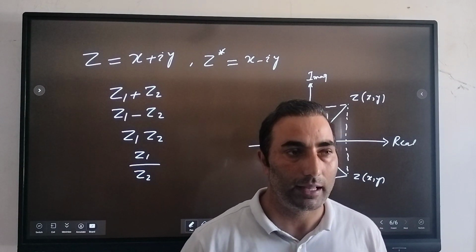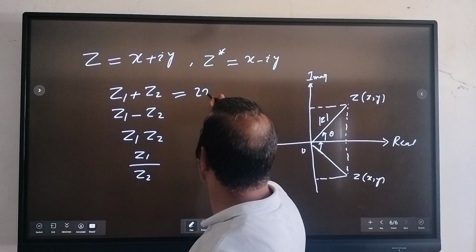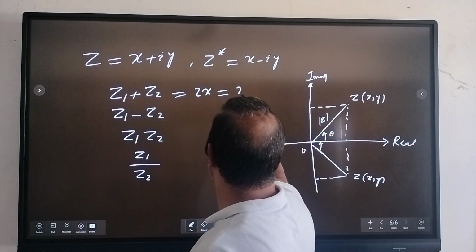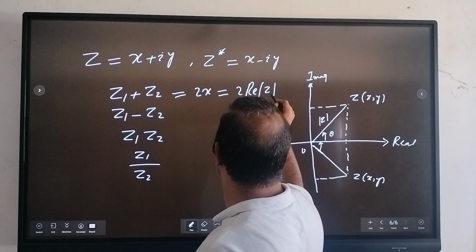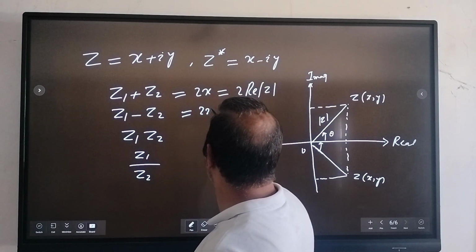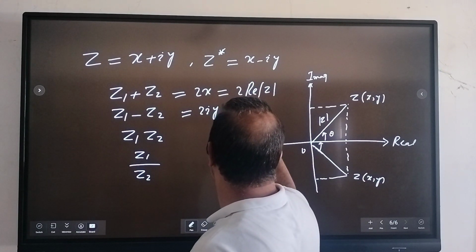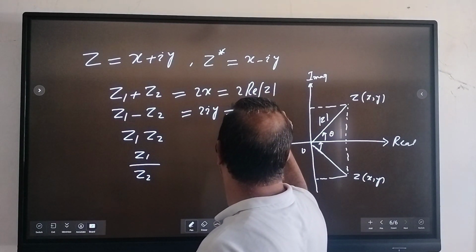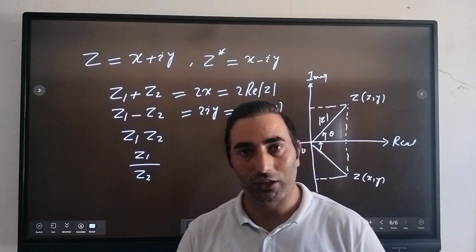Like if you add z and its conjugate, it will simply be 2x, that is twice the real value of z. And in the other case you will get twice iota y, that is twice the imaginary part. Similarly, we can take the product, and you can prove these relations.